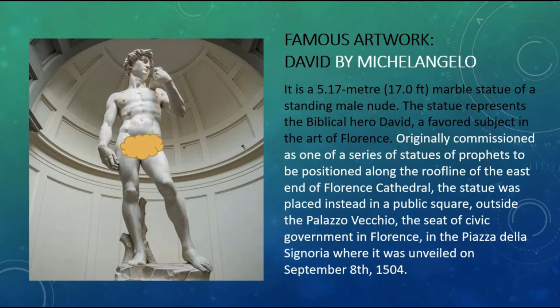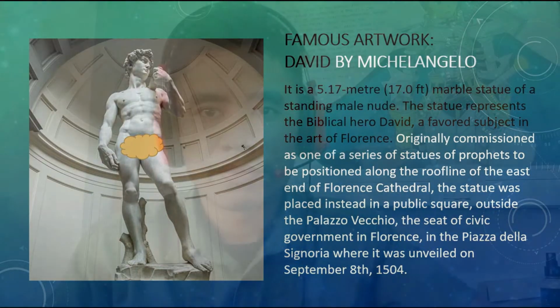Originally commissioned as one of the series of statues of prophets to be positioned along the roofline of the east end of Florence Cathedral, the statue was placed instead in a public square outside the Palazzo Vecchio, the seat of civic government in Florence, in the Piazza della Signoria, where it was unveiled on September 8, 1504.